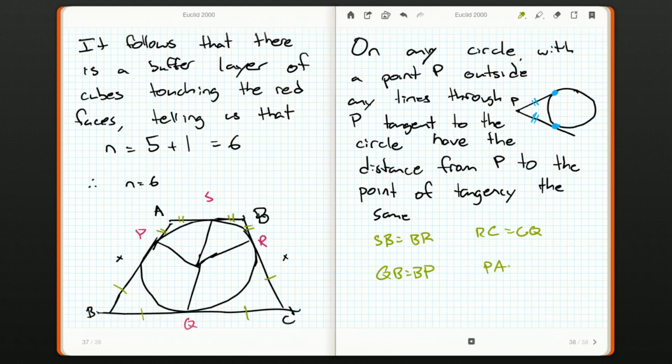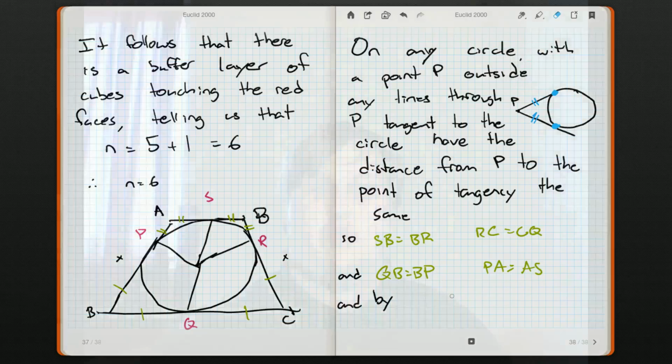And PA is equal to AS. Oh, and by symmetry, sorry. Because the whole picture is symmetric, we could draw a line right down the middle, and it would be the same on one side as the other. We know that these lengths are actually going to be the same on one side as the other.